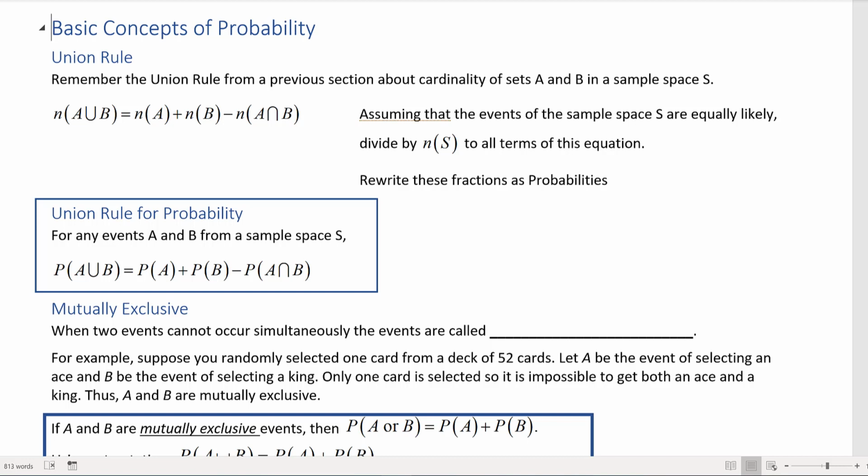So assuming that the events of this sample space S are equally likely, I want you to divide each one of these terms by n of S in this equation, and then we're going to rewrite that as probability.